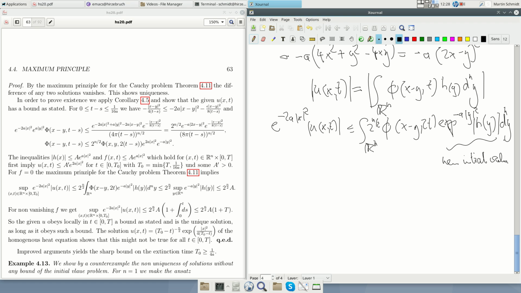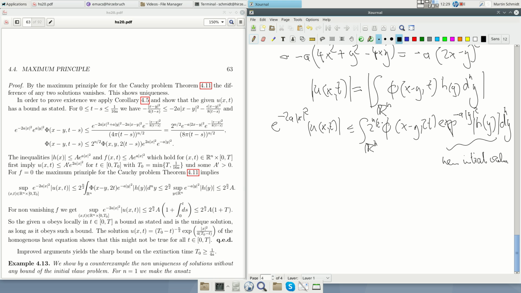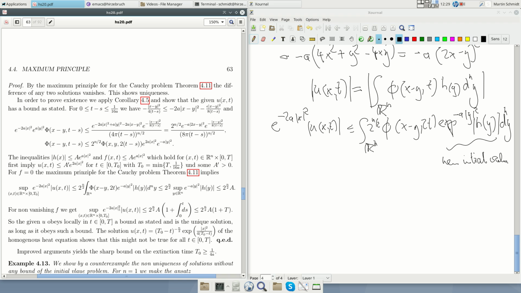Now we may apply the maximum principle of the Cauchy problem. So we obtain that this is bounded by this supremum times this factor, of course. Here we have in addition this factor, and the only other thing is that we have this rescaling of time, but this doesn't matter since this was true for all times. So we really get this estimate here.